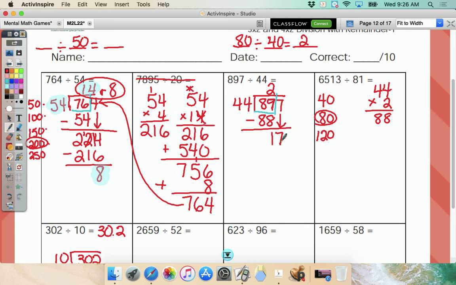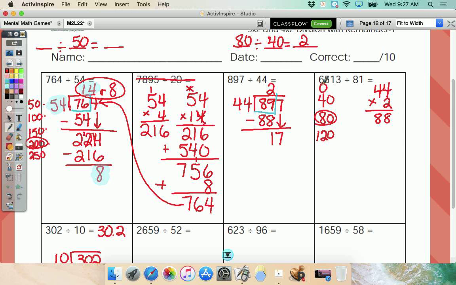Now I want everybody to put your pencil down on this one. Okay? Everybody put your pencil down. So I'm going to ask a question. Which number over here where I skip counted is closest to 17 without going over? 0. So it's okay if you write a 0.